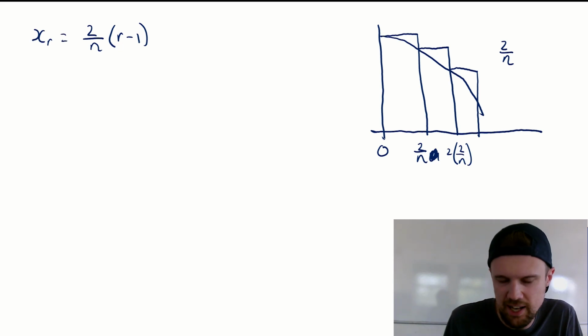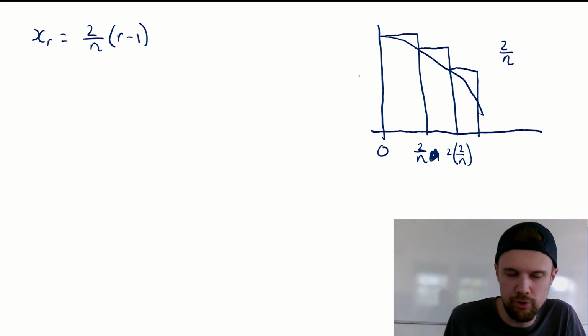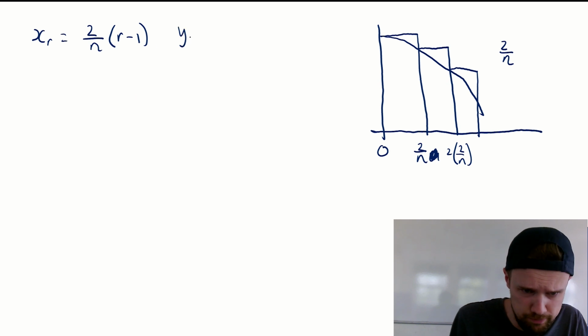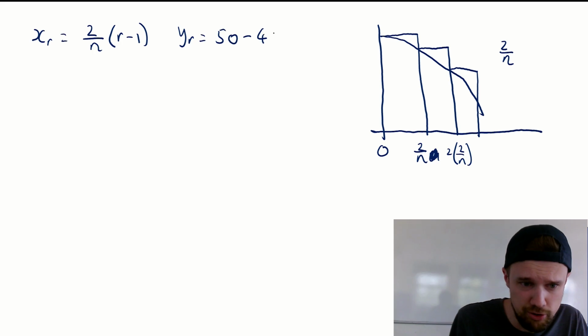The first x-coordinate that creates a y-coordinate for the rectangles is 0. So that's a bit annoying because it means the y-coordinates are going to be more fiddly to work out. They're going to be 50 take away 4 lots of 2 over n lots of (r minus 1) all cubed.